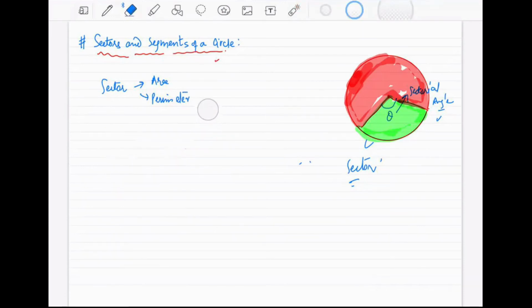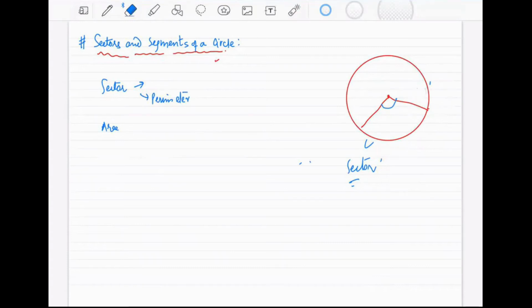Now let's come to what is the area and the perimeter of a sector. Okay, consider the area first. How much is this whole angle?